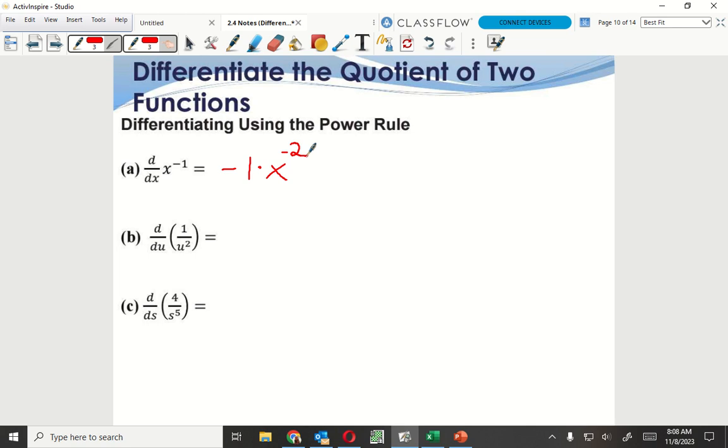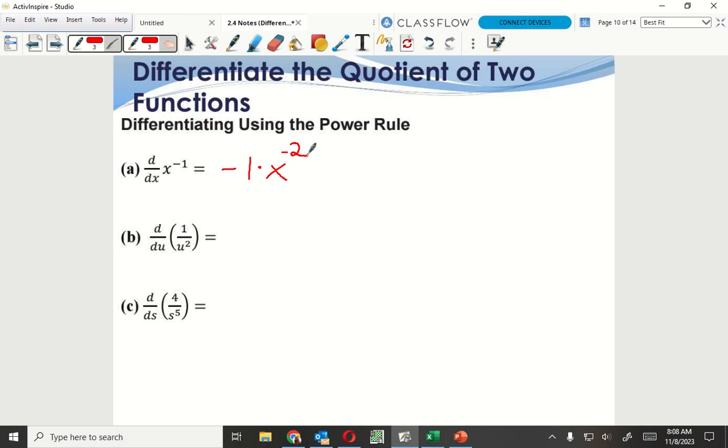Now, that's perfect. That's good. But now I'm going to clean it up, because a lot of times you don't want to have negative exponents. What are you going to do to the negative exponent to make it positive? You've got to make it positive. It's negative right here, but if I move it across the divisor, it's going to make it a positive.